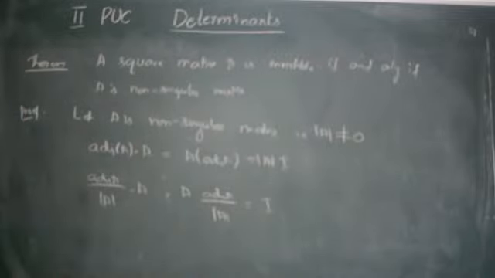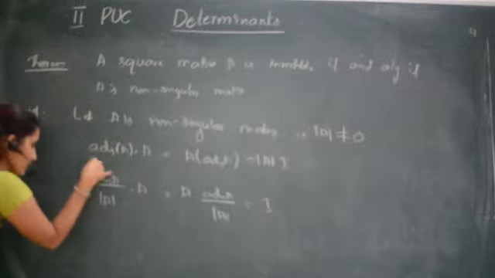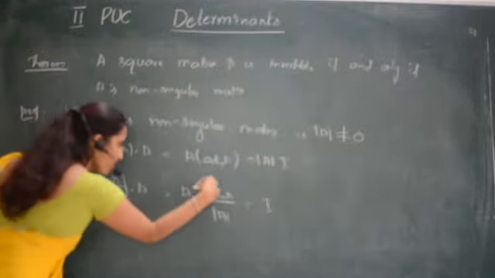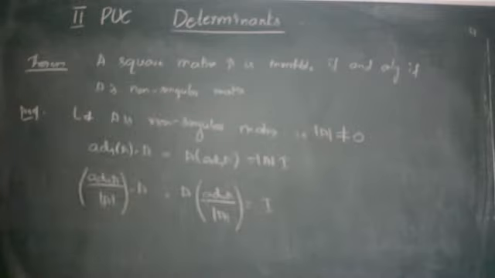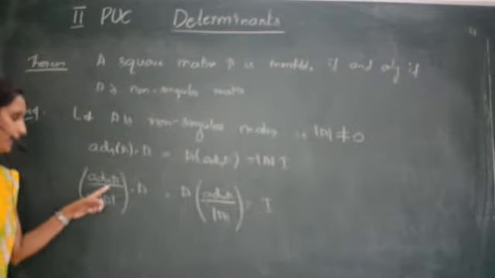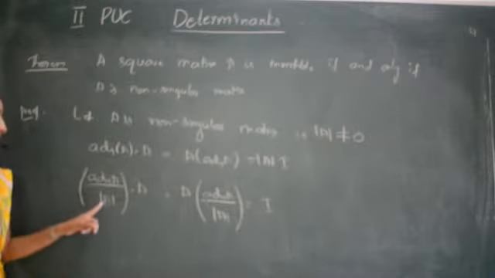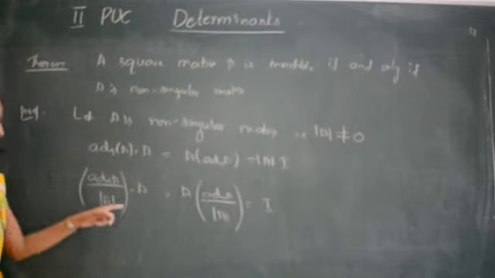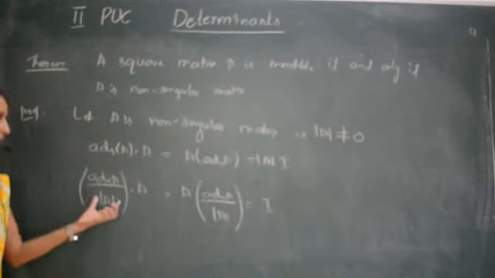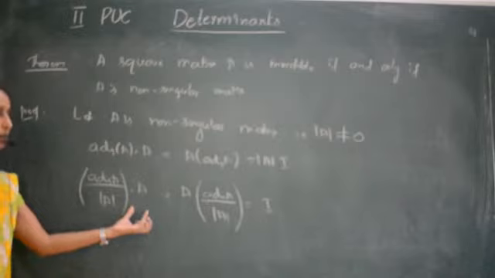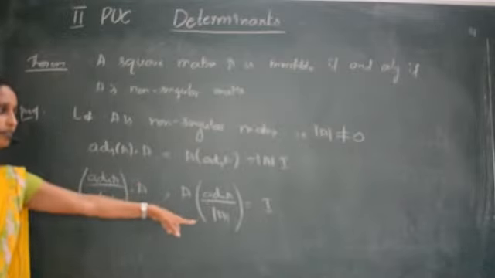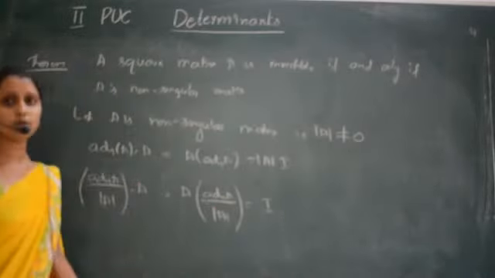So now we got one relation. Adjoint A is a matrix and determinant A is a number, so again this will be a matrix. So one matrix into A is equal to A into that matrix, which is equal to the identity matrix.